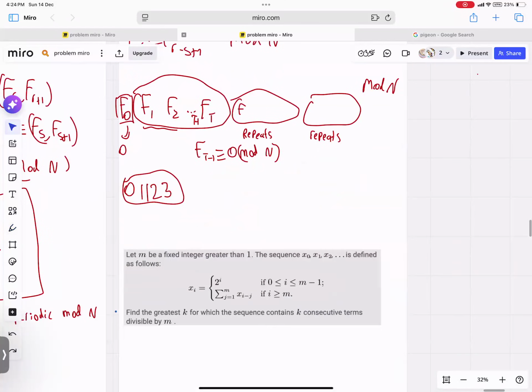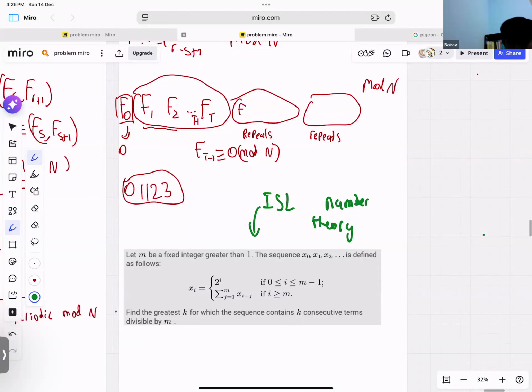So this is a previous ISL number theory problem. It's just the same sort of thing.